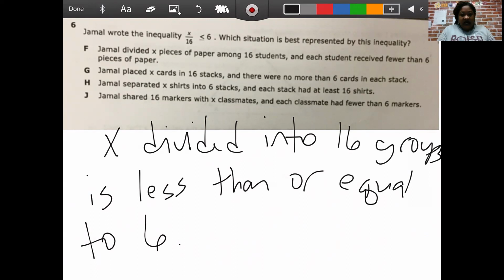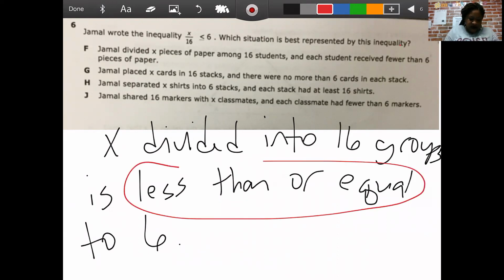So I have to match up this inequality statement with one of the situations below. So I'm going to read F, and if the sign does not tell me less than or equal to, then I know that's not going to be the right one.